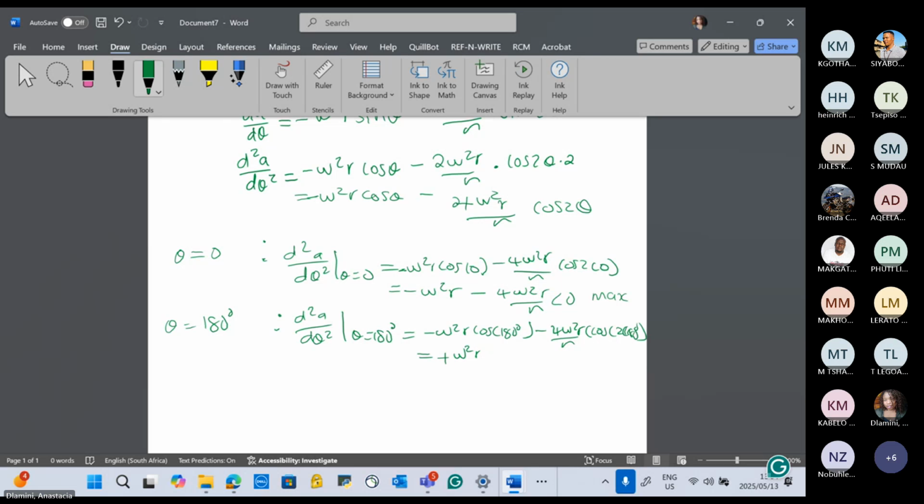No, it's minus because 2 times 180 is 360. Thank you. So it's minus 4w squared r over n. Will it be positive or negative?